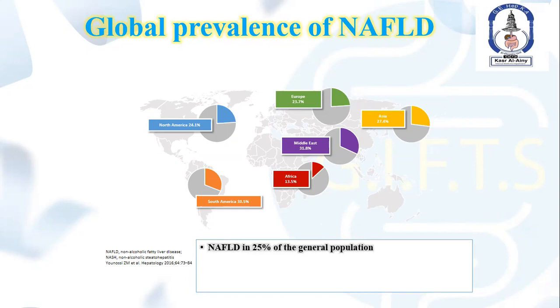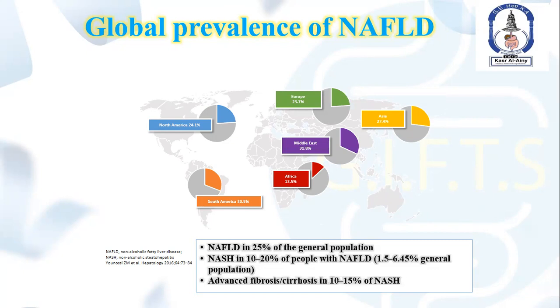It means that one quarter of the Earth's population has a form of non-alcoholic fatty liver disease, and it's even higher in the Middle East, reaching up to 32%. And among those with NAFLD, NASH is almost 20%, which means about 6.5% of the general population. It's a very, very large number.